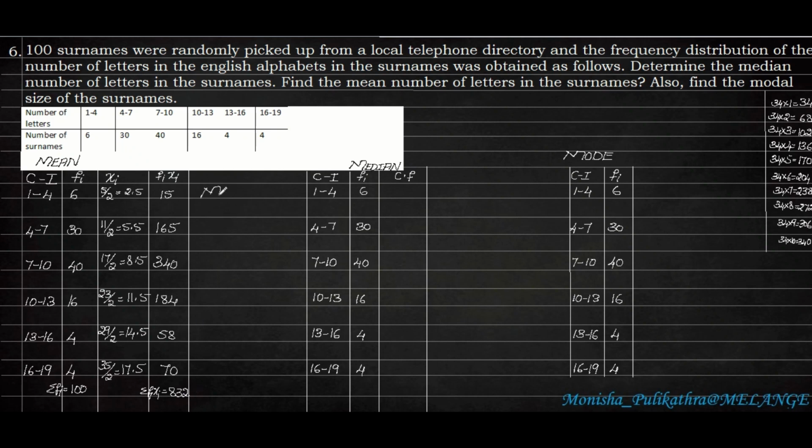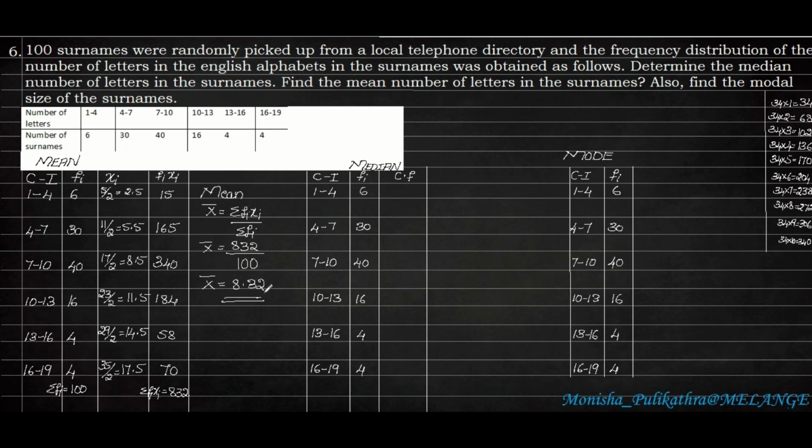So next we have to find out the mean. The formula for mean is x bar is equal to summation Fi Xi divided by summation Fi. So x bar is equal to 832 divided by 100. So in 100 there are 2 zeros. If we take it into decimal point, after 2 digits the point should be there. So x bar, the mean is equal to 8.32.